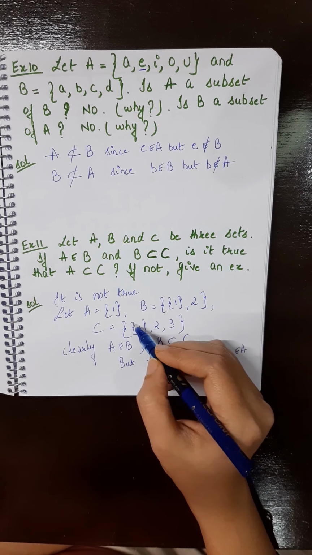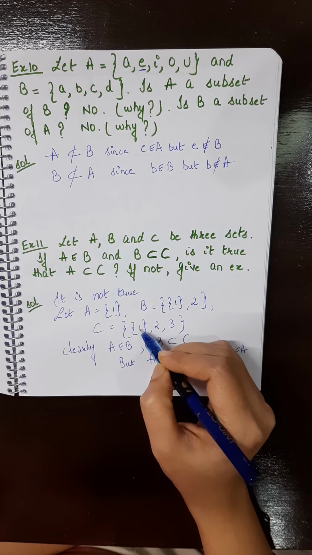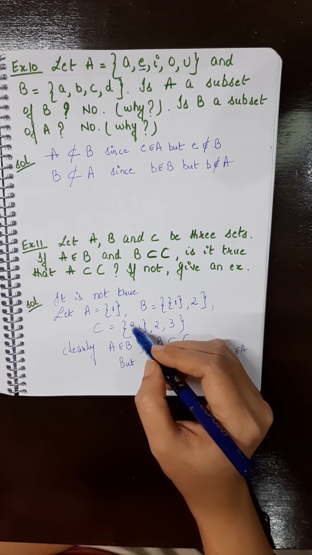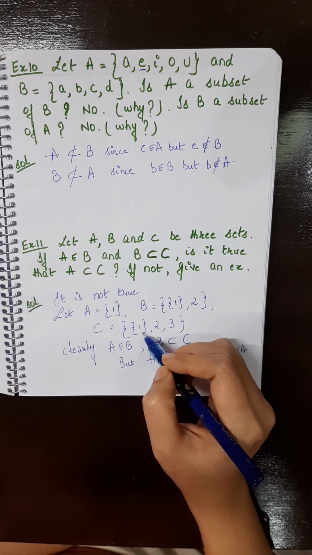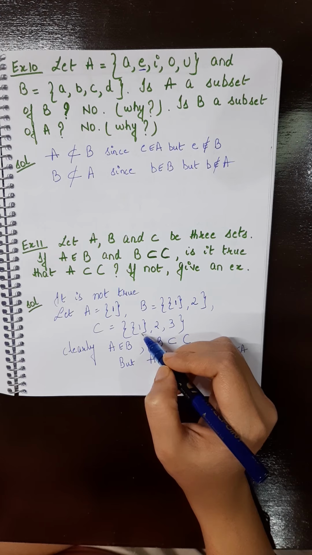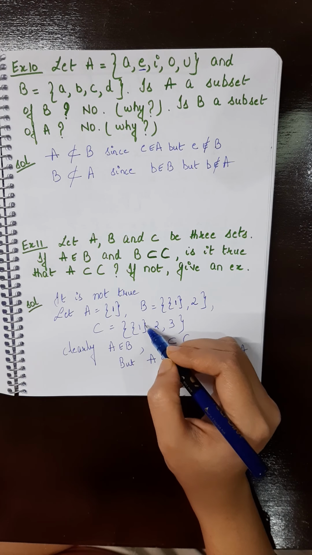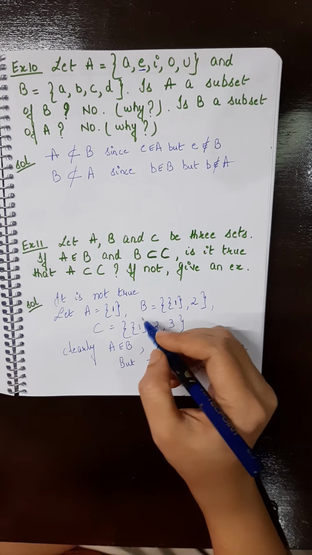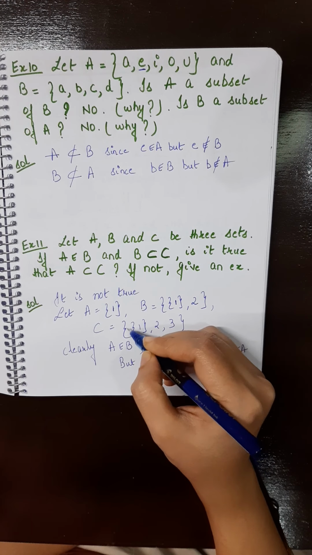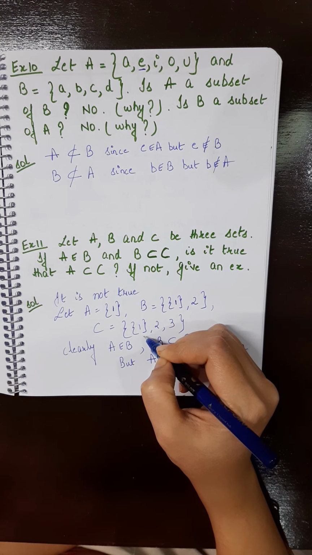So inside C the number 1 is not there, it is a set {1}. Okay, this is a set. So this element of C cannot be a subset.